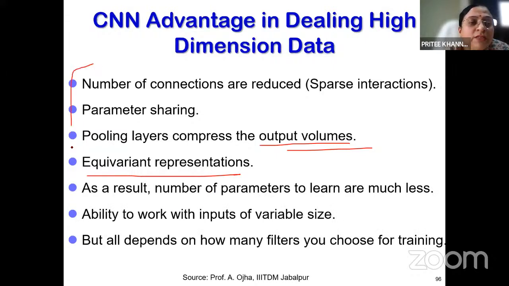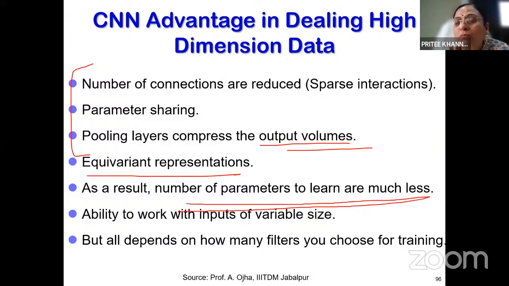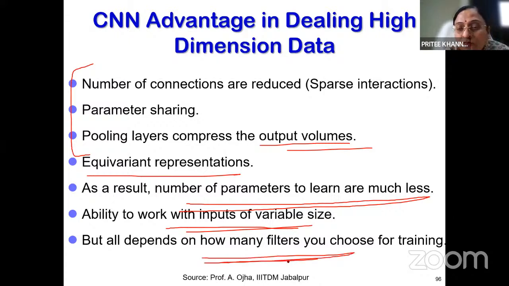Because of all these things, the number of parameters which we are supposed to learn becomes much less. We just saw that comparison of the fully connected layer and the convolution layer. Another thing is that it allows you to work with input of variable size. How it will work will all depend on how many filters you will use for training. And that is not some magic number.